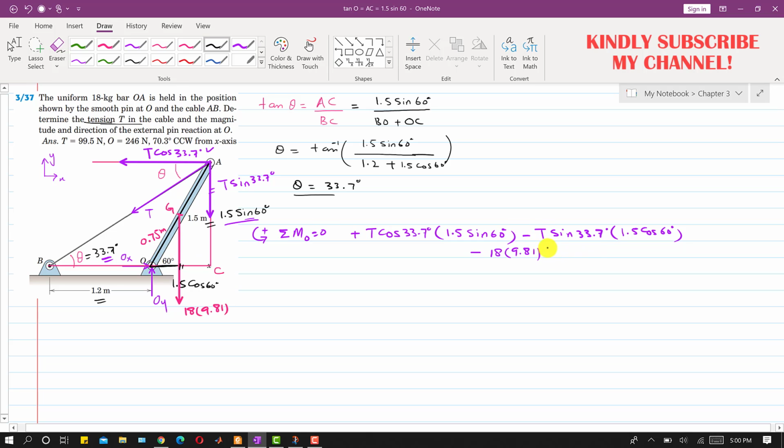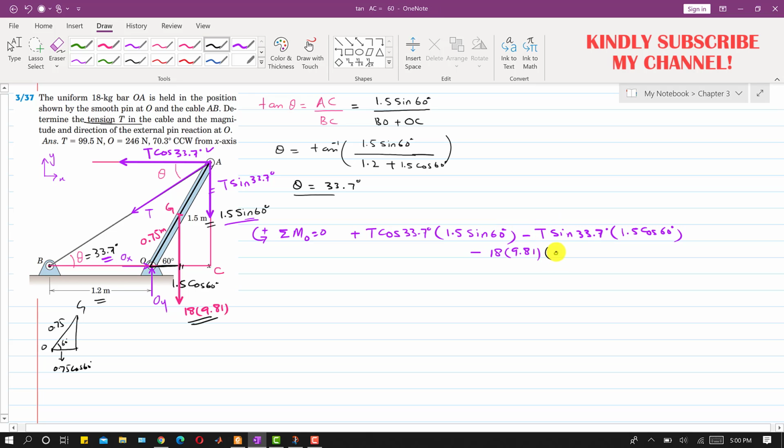If this is OG, then this angle is 60 degrees, so this is 0.75 cos of 60 degrees, right?